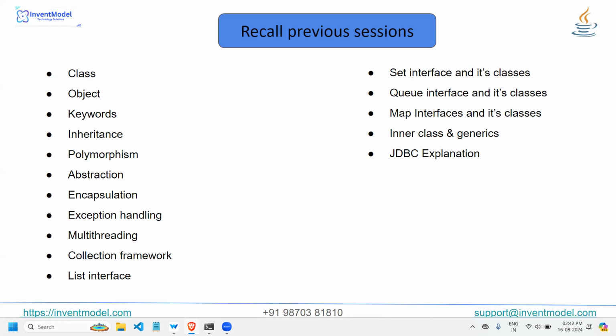Abstraction means hiding the implementation details from the user and showing only the necessary details. The user doesn't have any knowledge about the backend operations. This process is called abstraction in Java.